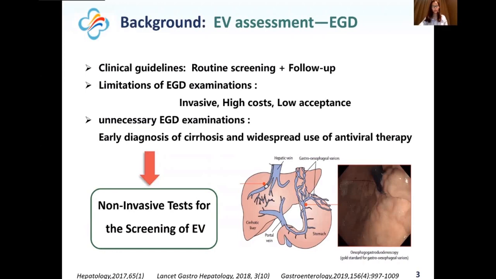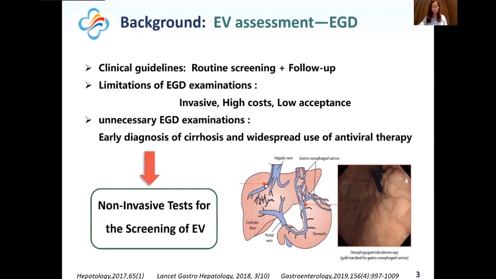It will help to find out whether the patient has the risk of variceal bleeding or not. EGD examination is also a component of the follow-up stage if the patient has esophageal varices. However, EGD examination is invasive, high cost, and acceptance by patients is quite low.